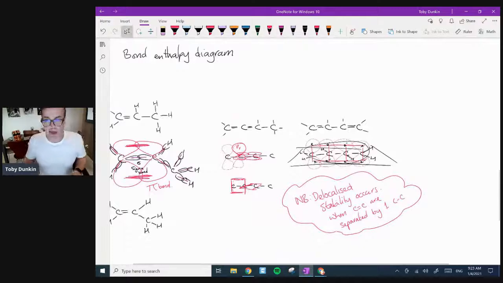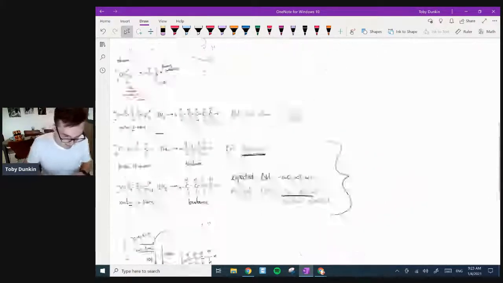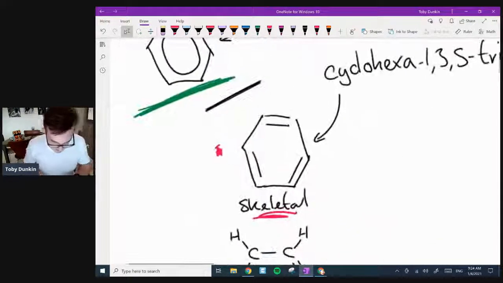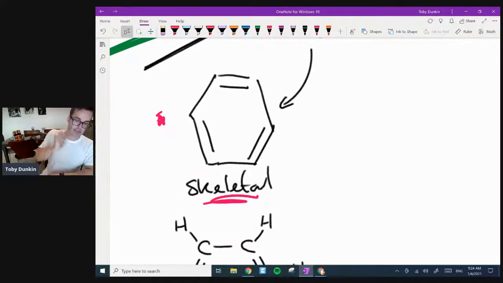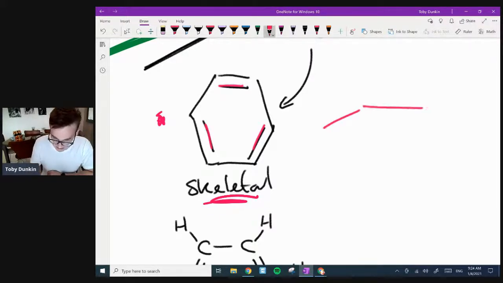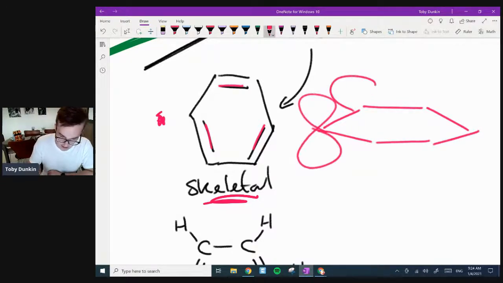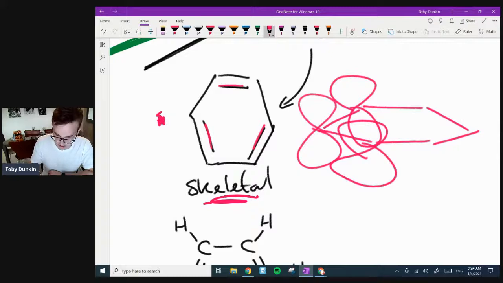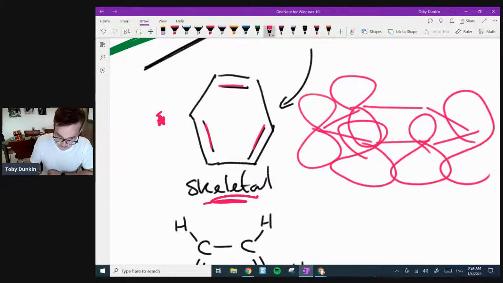I know that we're at the end of the lesson now and I'm running right to the wire. So just realize that there are now three double bonds and they're all separated by single bonds. All of these are now delocalized. We're going to have a really amazing pi system, which has a PY, a PY, a PY, and every single one of these is going to overlap with the other.